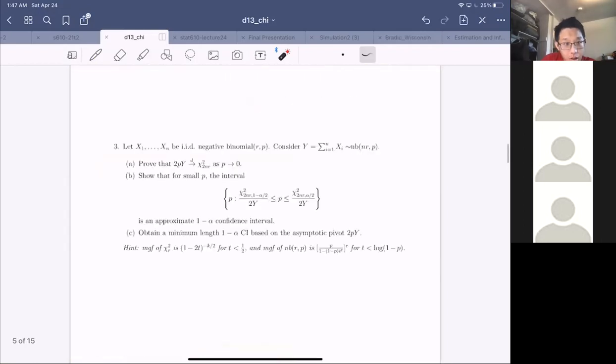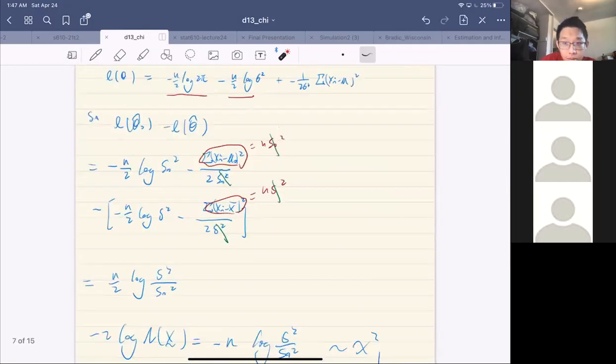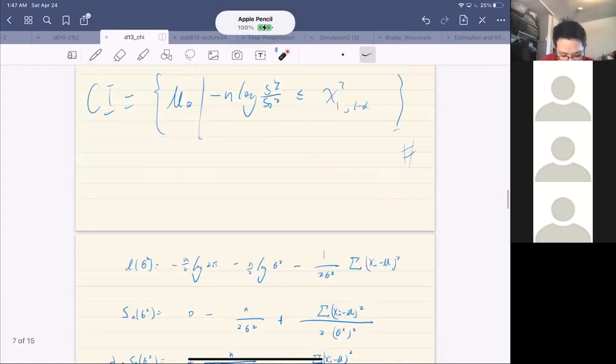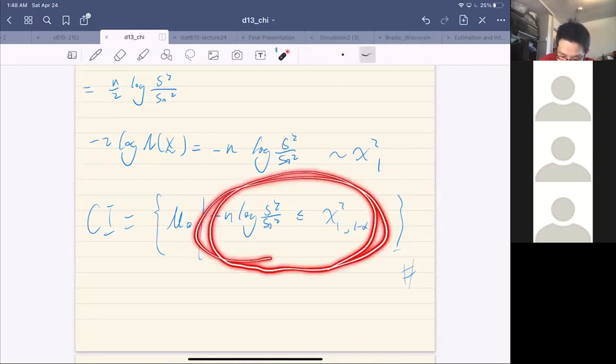Sorry, actually, can I ask a question real quick about question 2? Sure. If we had a question like this on an exam or homework, would it be appropriate to leave it in this form? Or would we need to show explicitly that it's an interval or solve for mu or something like that?